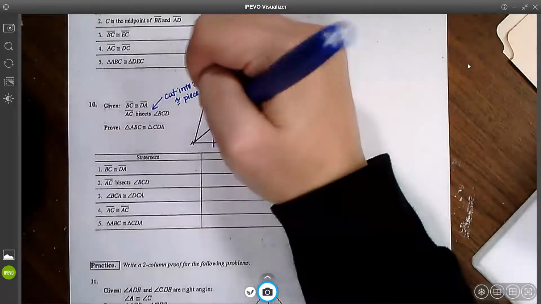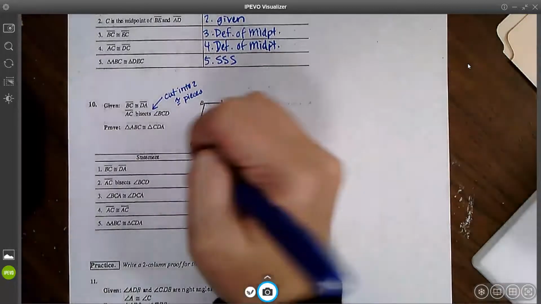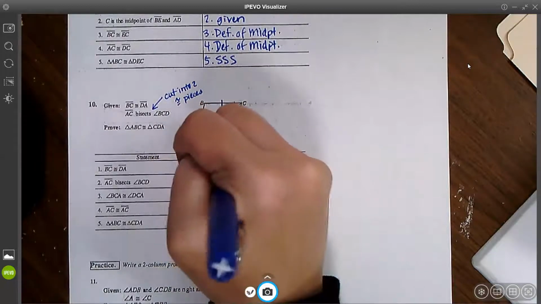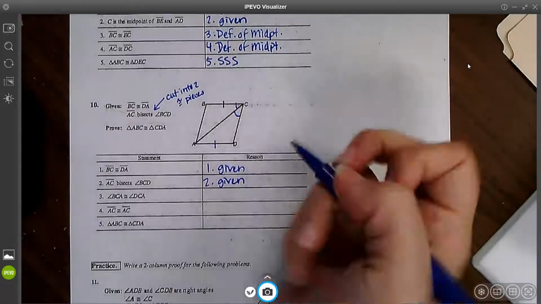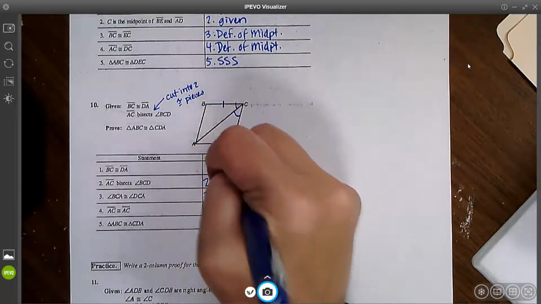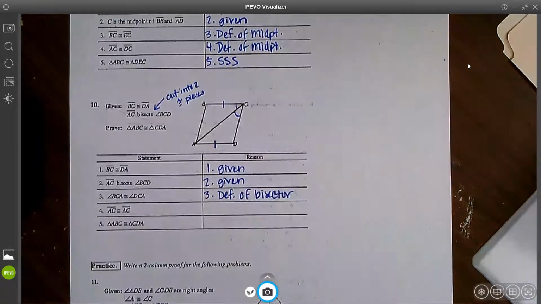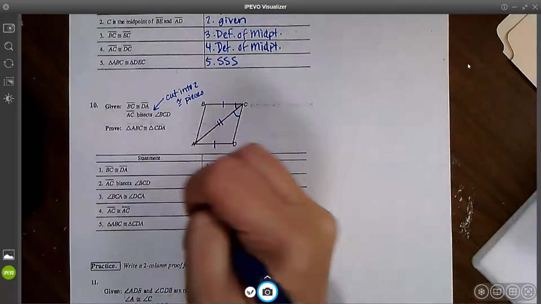That means it splits it into two congruent angles. So this one is given. And number 2 is also given. Number 3, those are congruent, and that is the definition of bisects or bisector. It says AC is congruent to AC. That is the reflexive property.